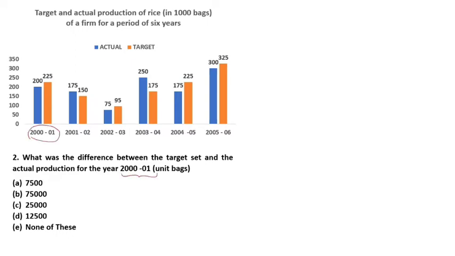In this year, the target set is 225 and the actual production is 200. So what is the difference between 225 and 200? The difference is 25.